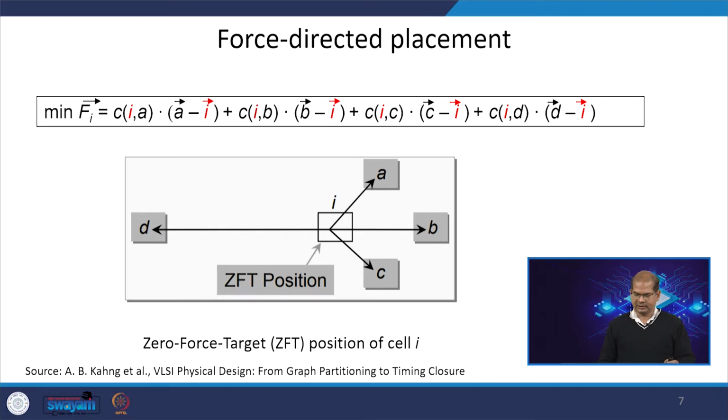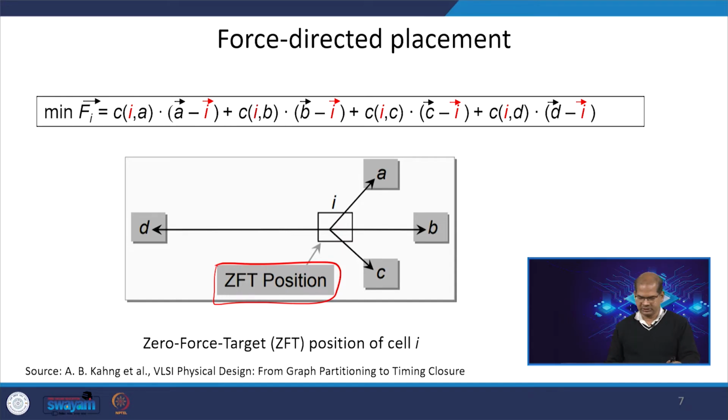Let us take an example to understand the principle behind force directed placement. We have cells A, B, C, D and I, and the cell I is connected with each of the blocks. Then we are finding the minimum force point where the cell I should be placed such that the ZFT position is achieved.